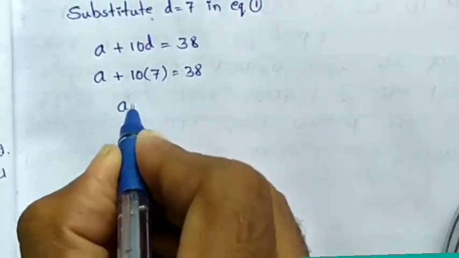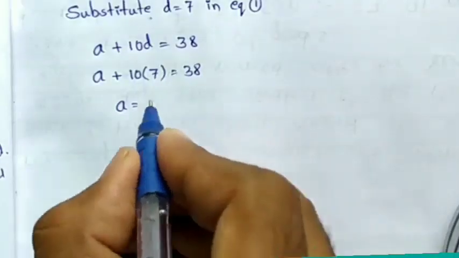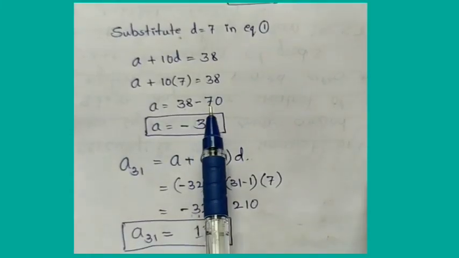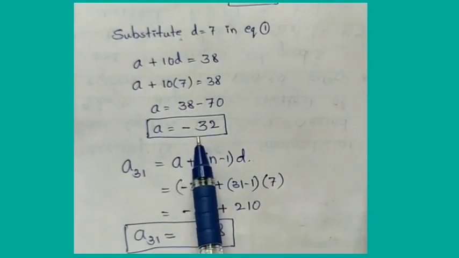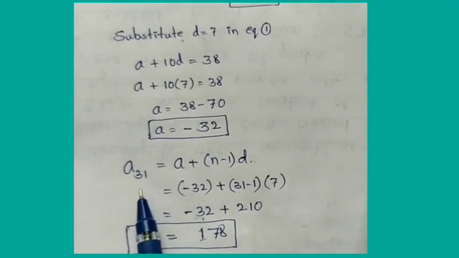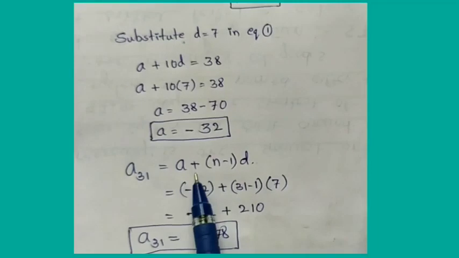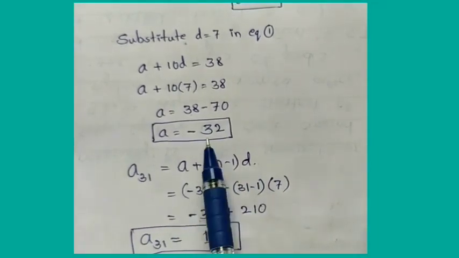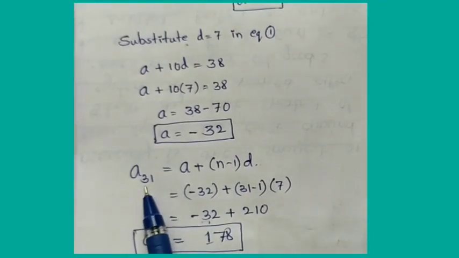Here 10 into 7 is 70. If I take that 70 to the other side, it becomes minus 70. So a equal to 38 minus 70, we will get minus 32. Same thing, you substitute in the formula for the 31st term. We know the formula a plus n minus 1 into d. So substitute a, that is minus 32. Now n, how much is n? n is 31.